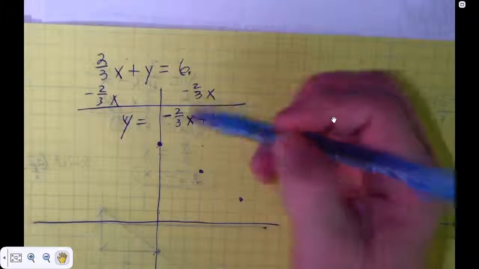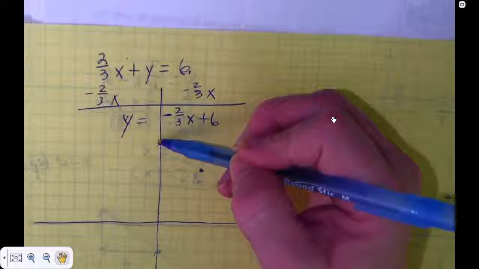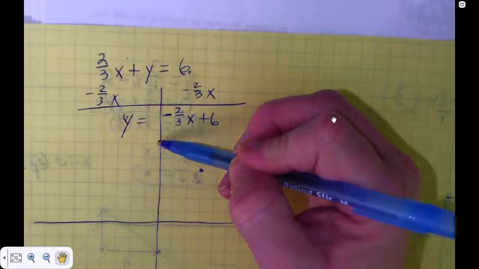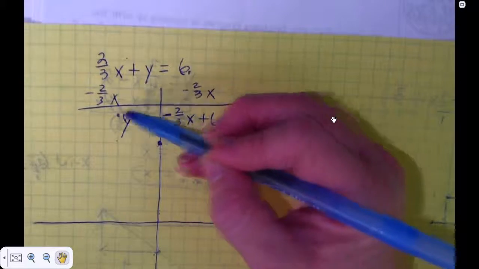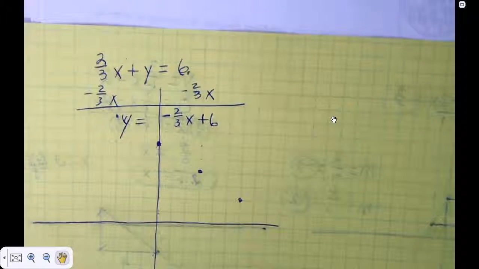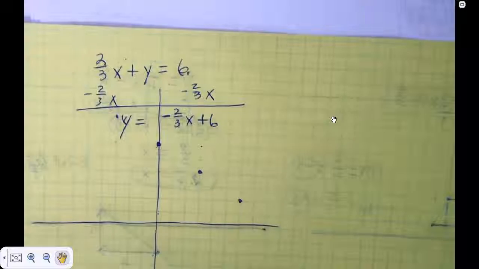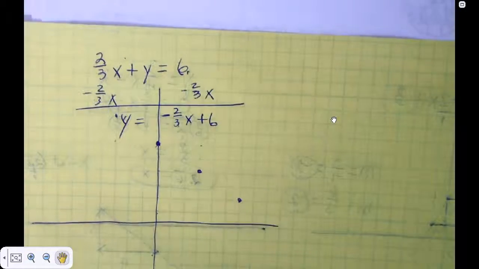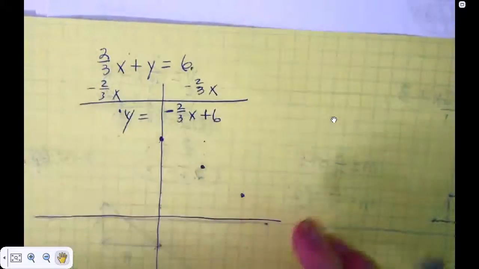Or we could have, which I wrote in the middle of my graph, you could have done what? Left 3, up 2. You can move the negative sign on either one, but it's rise over run. Rise over run.